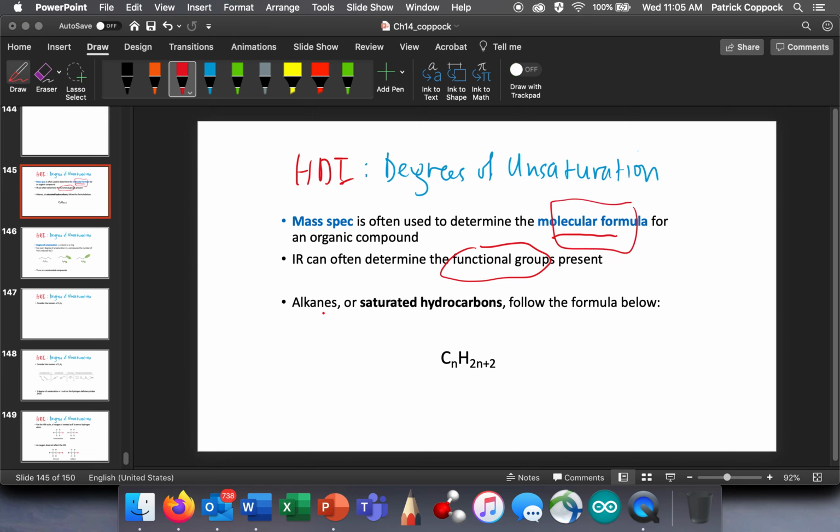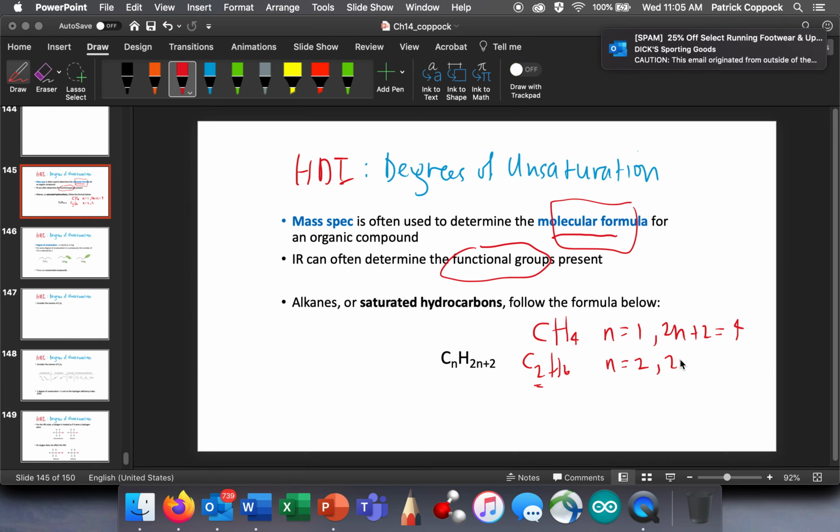So alkanes typically have the general formula CnH2n+2. Remember, methane looks like that, where n is equal to 1, 2n+2 is equal to 4. Ethane is C2H6, where n is 2, so 2 times 2 plus 2 is equal to 6.